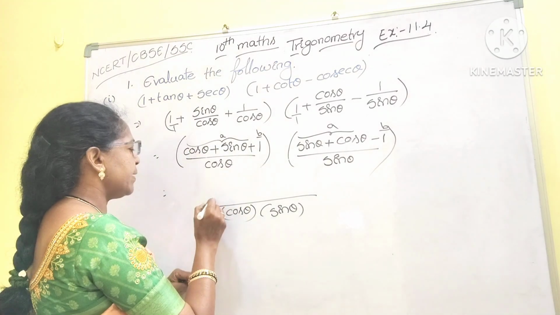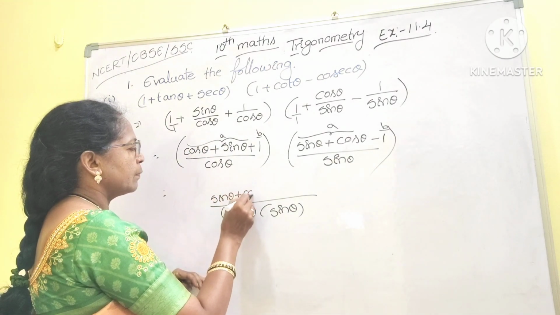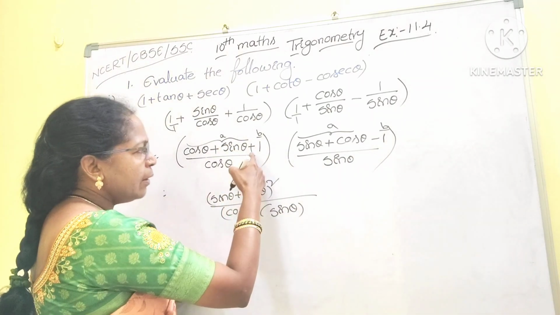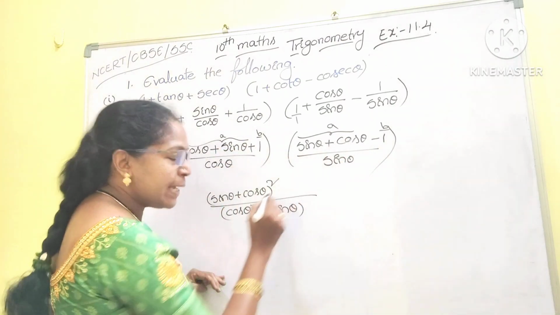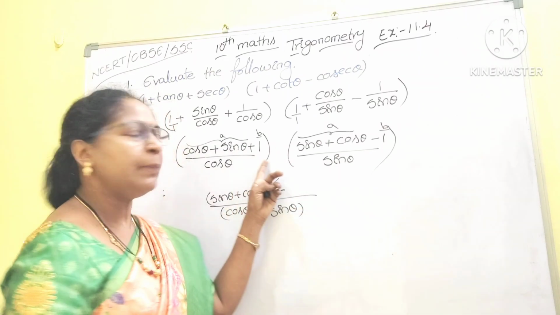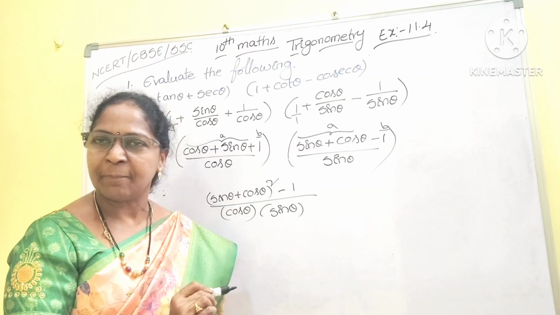So here a is sin theta plus cos theta whole square, minus b square where b equals 1. b square is 1 square, which is nothing but 1.